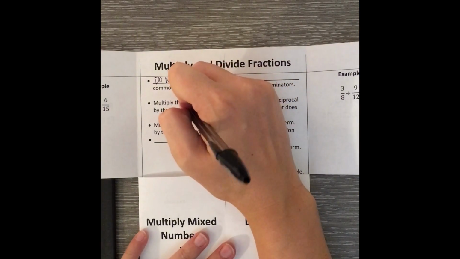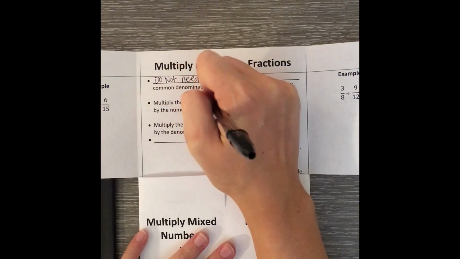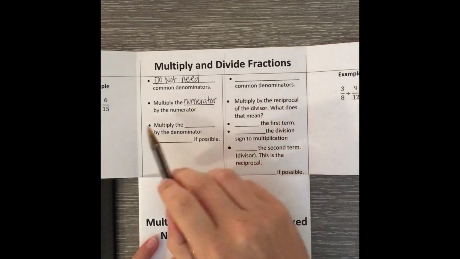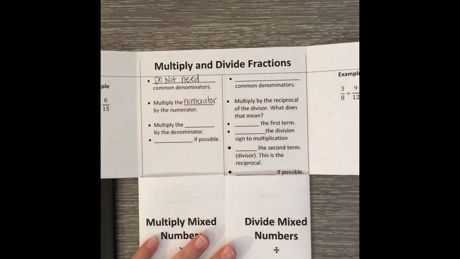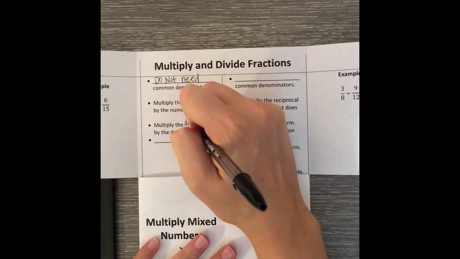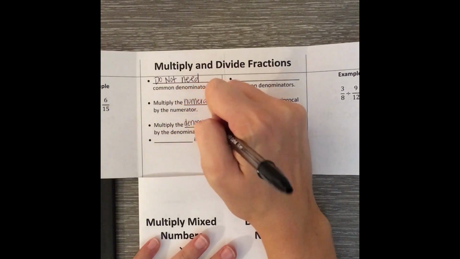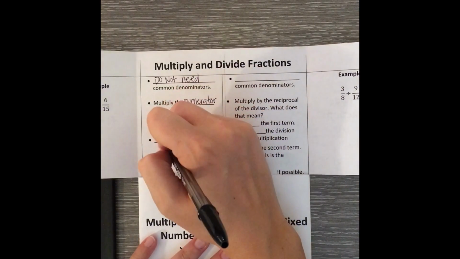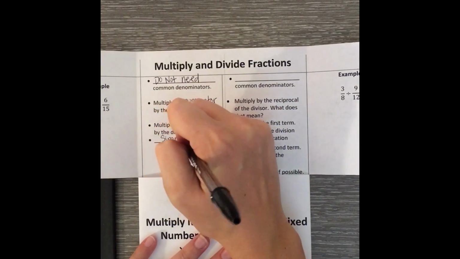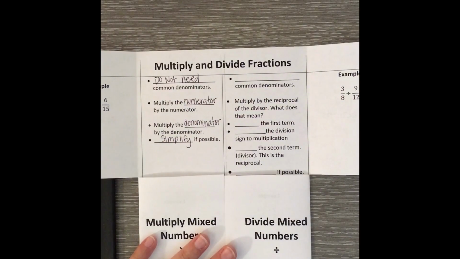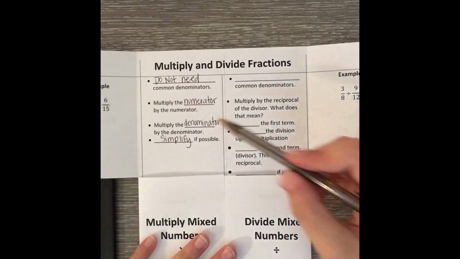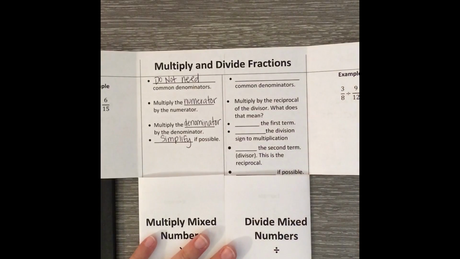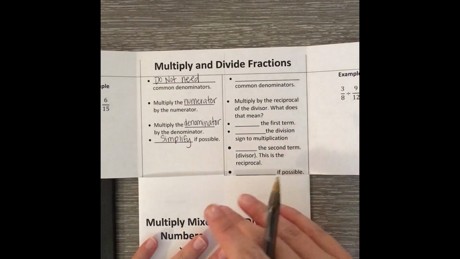Multiply the numerator by the numerator, so top number times top number, and multiply the denominator by the denominator, so bottom number times bottom number. And then, of course, we always want to simplify if possible.